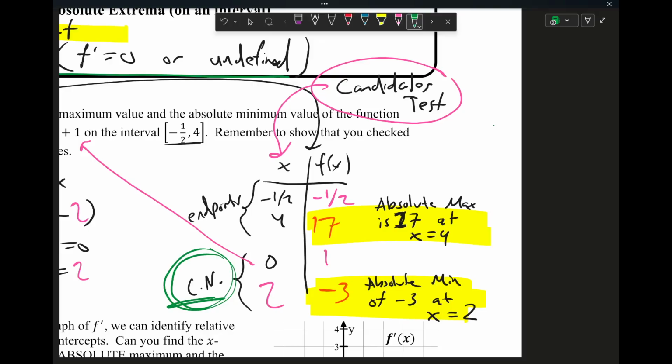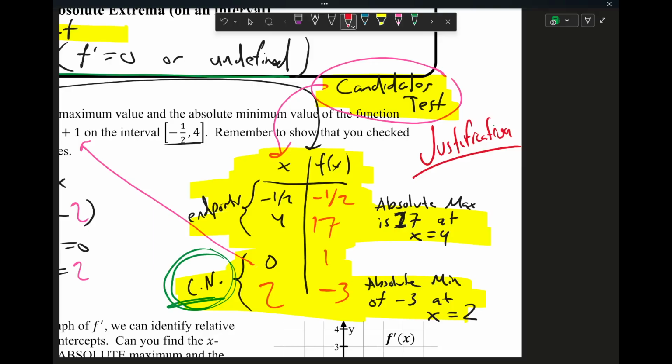Maybe not this unit test, I don't remember, but at some point in this year we'll have one. What you need to know is that this candidates test, this table right here, is what's considered showing your work. This is considered the justification.